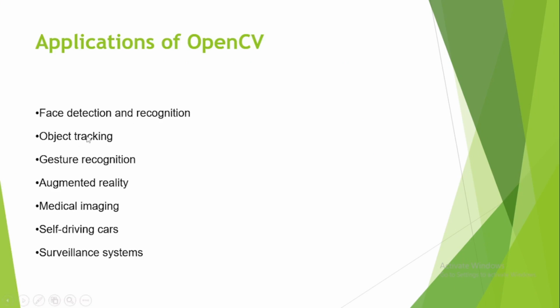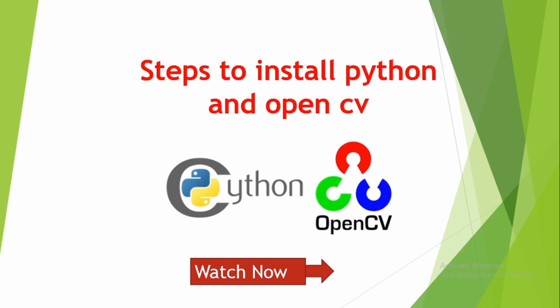Face detection and recognition, object tracking, gesture recognition, augmented reality, medical imaging, self-driving cars and surveillance systems. These are some applications of OpenCV. Then we will see the main thing in this video, the steps to install Python and OpenCV.